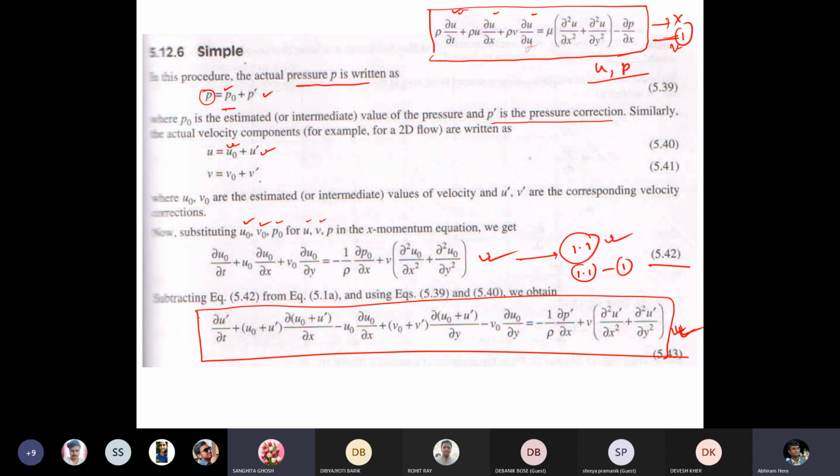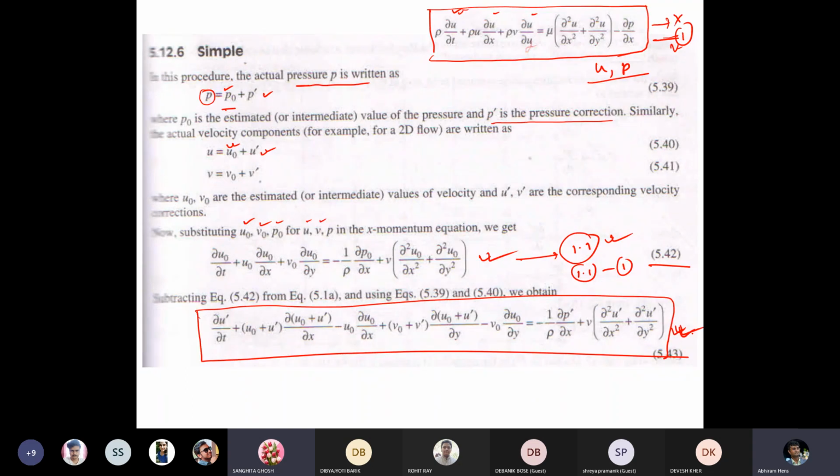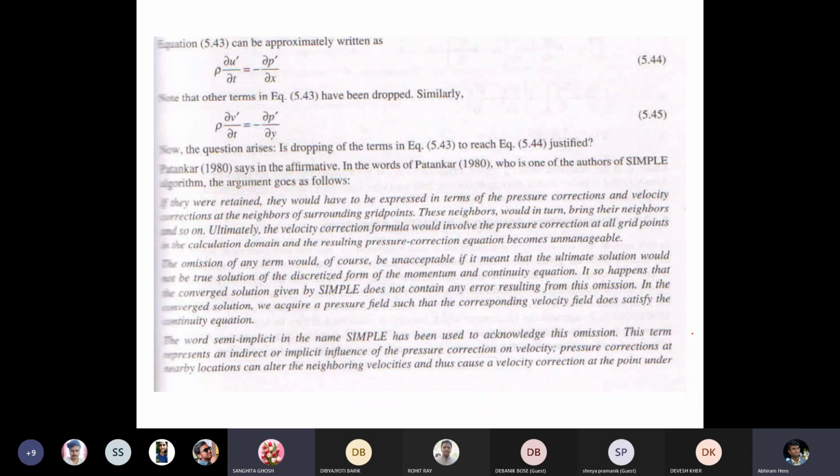That is a 1980 scientific paper. So after deriving, Patankar takes a very great assumption: that this big equation you can write in this way.